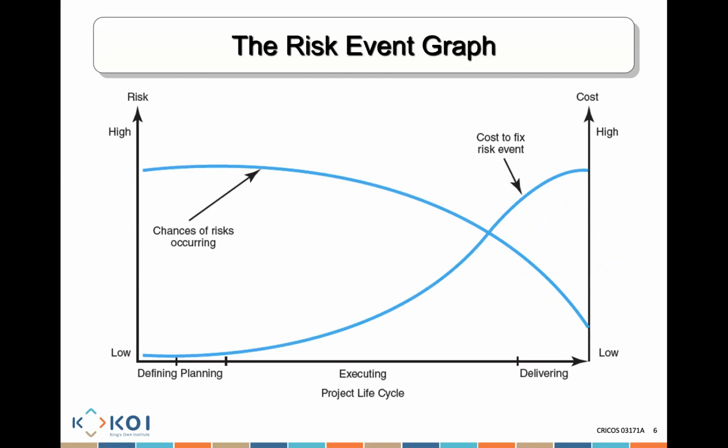What I want you to know is at the beginning of the project, there's a high risk that some risk is really going to occur. There's a very high risk relating to that, and that's only very early on in a particular project. But once you get further into the project, and you start working further in that project, what you will notice is that the chances of risk occurring become less and less possible.